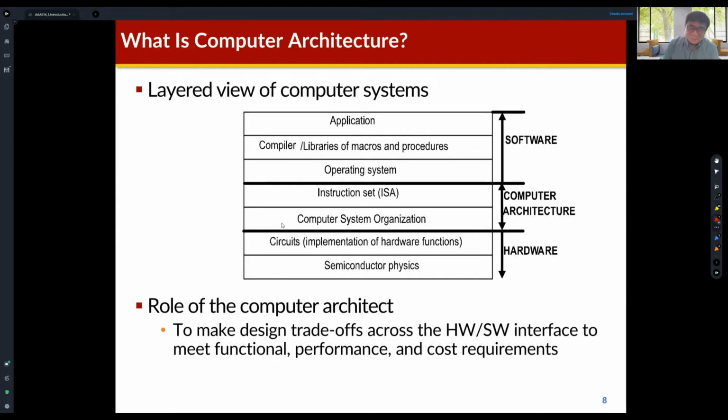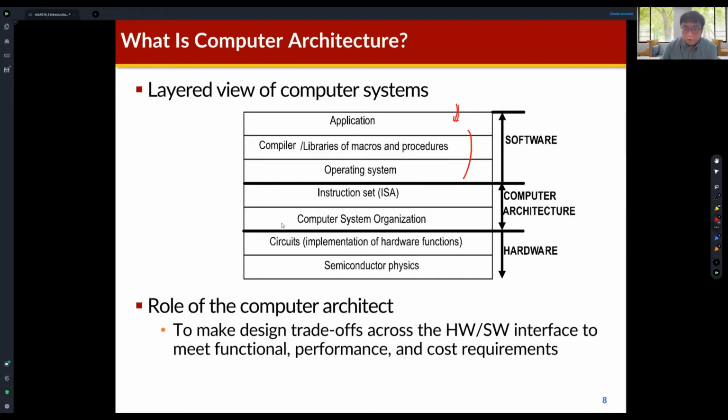The computer system is composed of applications, the normal user applications, and the compiler, libraries, and operating system. These are the areas of software. As you know, many computer engineering and computer science students focus on applications, the topmost layer of the computer system.